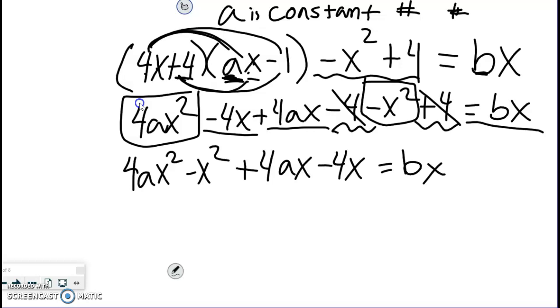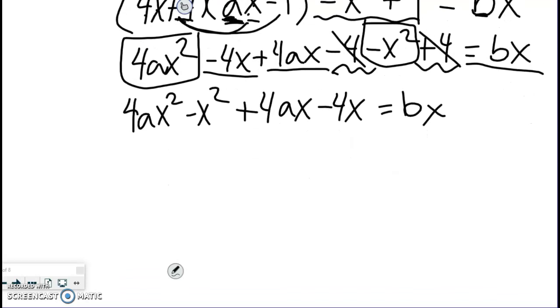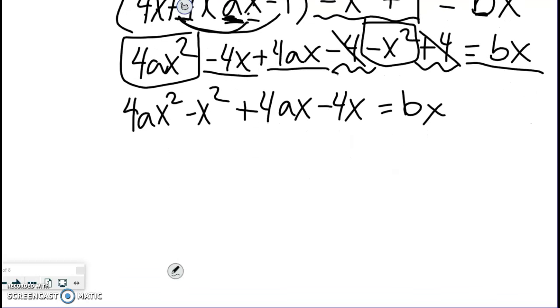All right, now I'm going to group my terms even in smaller groups because I want to isolate my x's. I want to get them kind of out of the way so I can focus on what a is equal to. So if I just looked at these two terms in a group, if I put parentheses around these two terms, what can I factor out? What do they have in common? Well, they have this x squared in common.